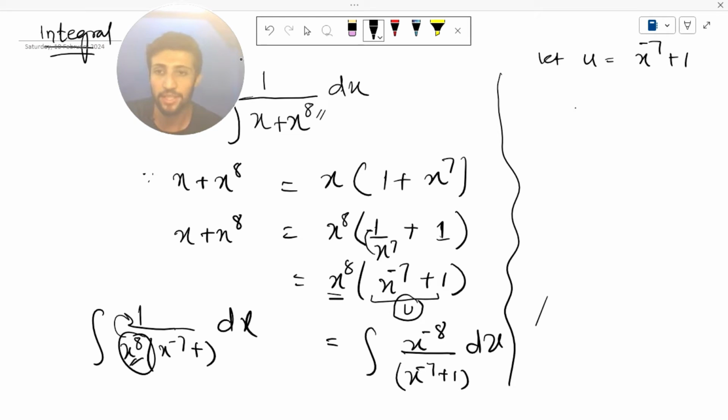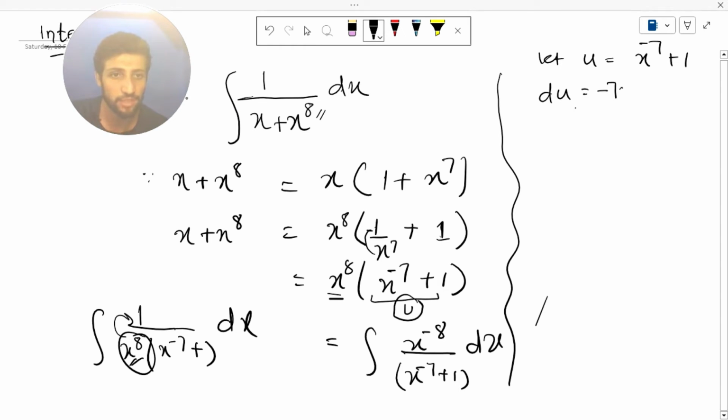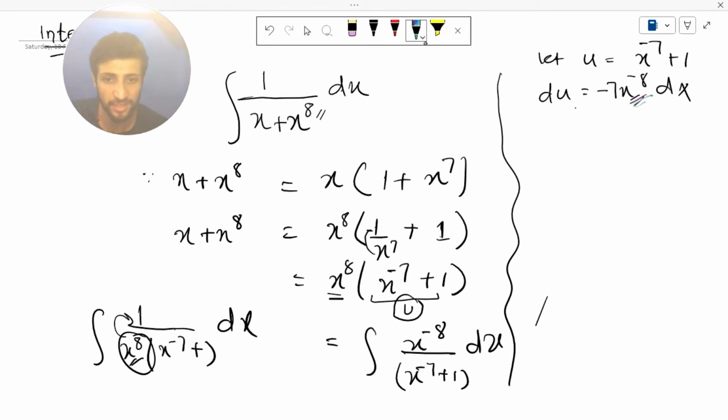Taking the derivative, du is equal to minus 7 x^-8 dx. You can see that x^-8 is here, and what I need is minus 7 with x^-8.